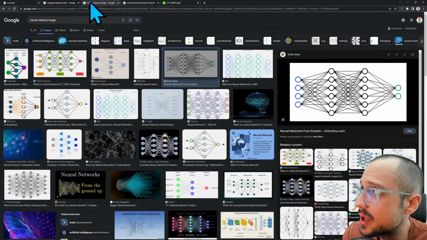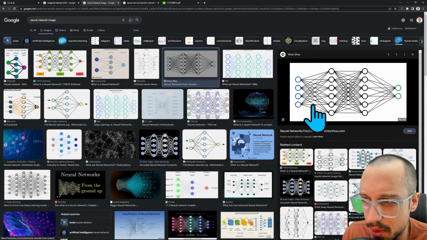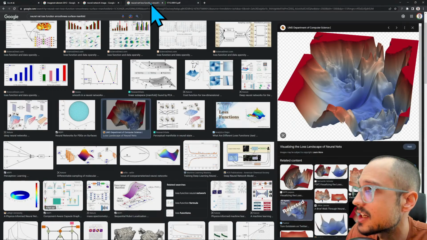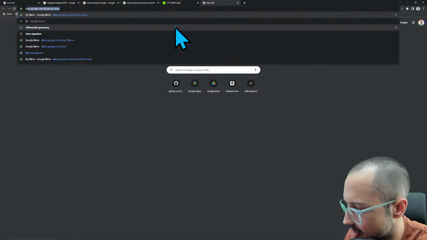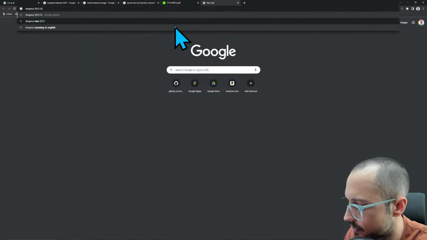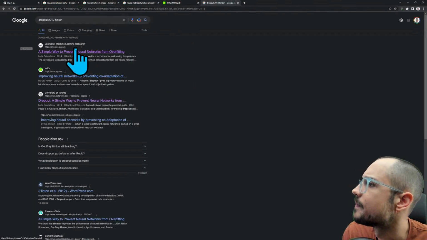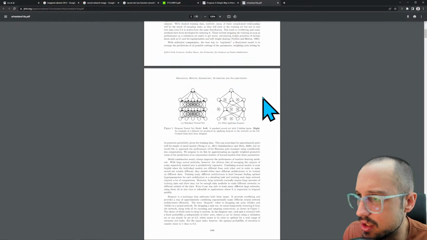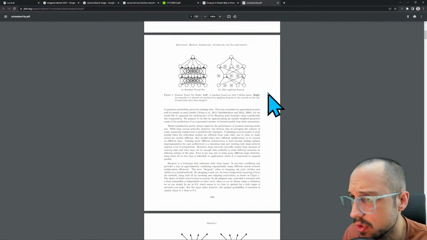What you're doing when you train with dropout is training a bunch of little subnetworks or submodels at the same time. Let's see if we can find the original dropout paper. Yeah, here you go.